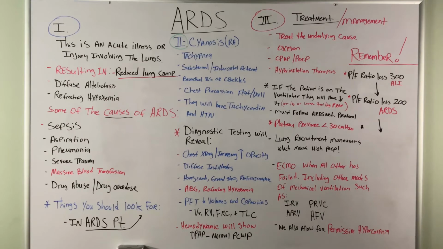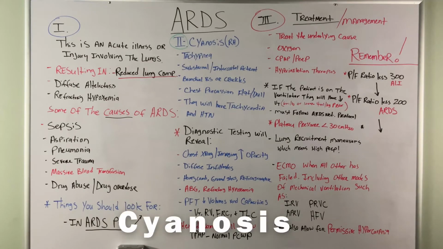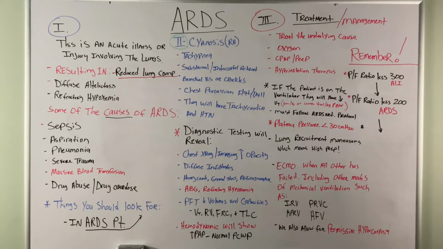Those things are listed: cyanosis from refractory hypoxemia, apnea, substernal or intercostal retractions. You will find bronchial breath sounds or crackles. Chest percussion will reveal a flat or dull note.